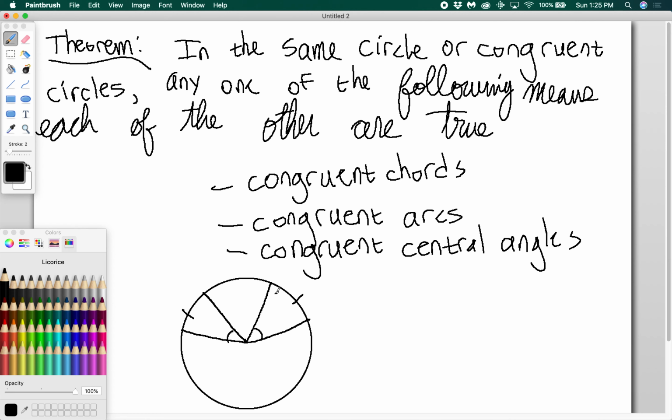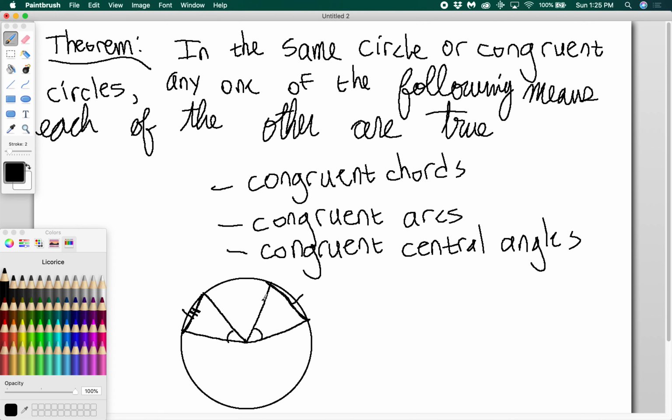Chords connect a point on a circle to another point on the circle. I need to draw a chord that connects the endpoints of my central angle. A little hard to see, but here we go. So as I said, if you have congruent arcs, then you have the same central angles, and you have congruent chords.